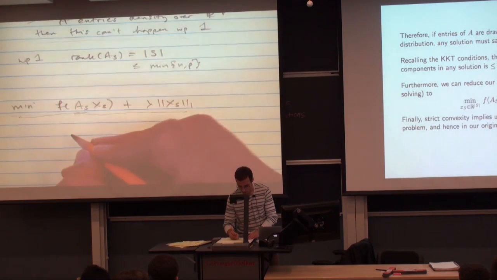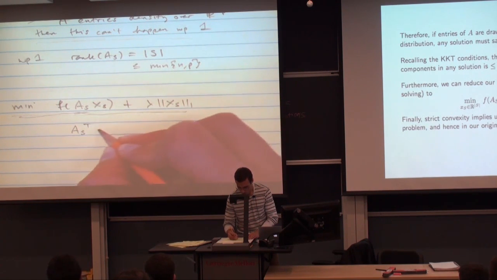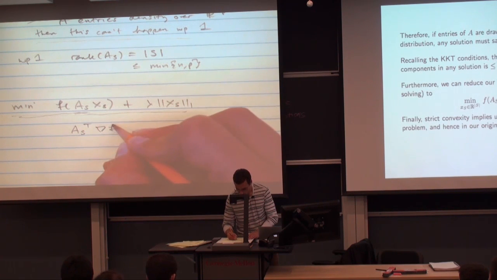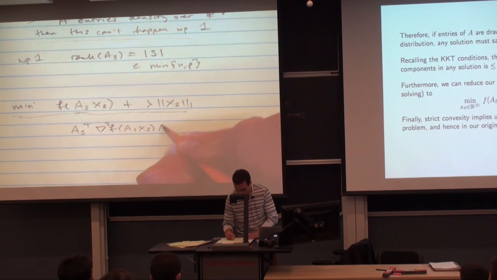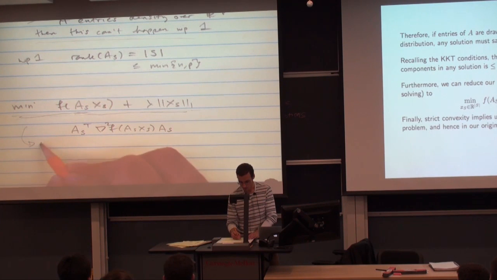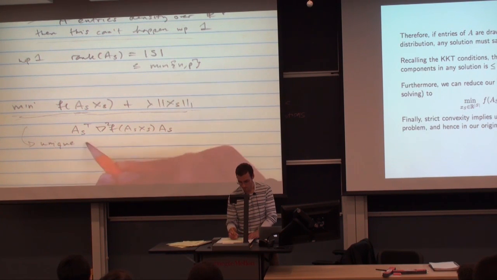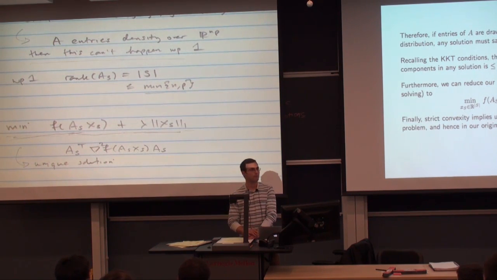Its Hessian is A_S transpose A_S. We can think about it in several ways, but this problem is strictly convex, and therefore it has a unique solution. So we just proved that the solution is unique and has support at most this large with probability 1.